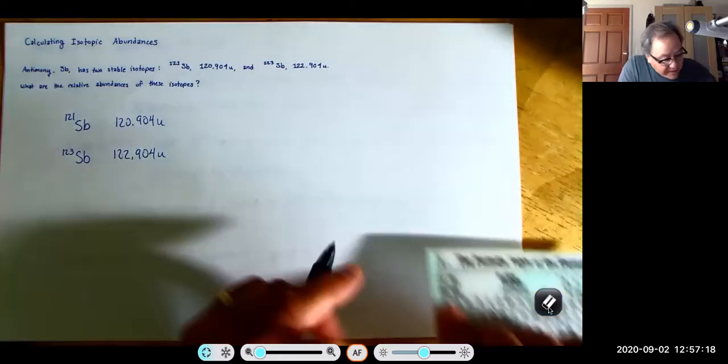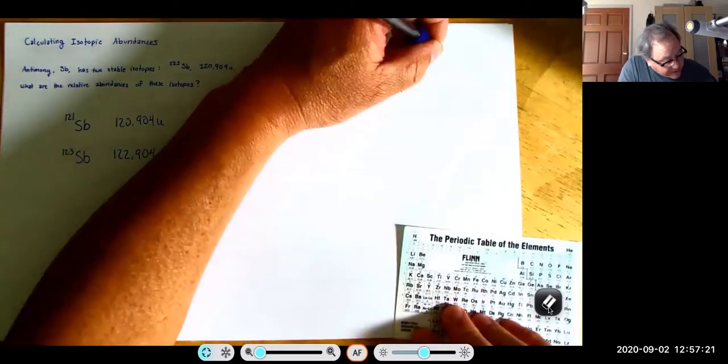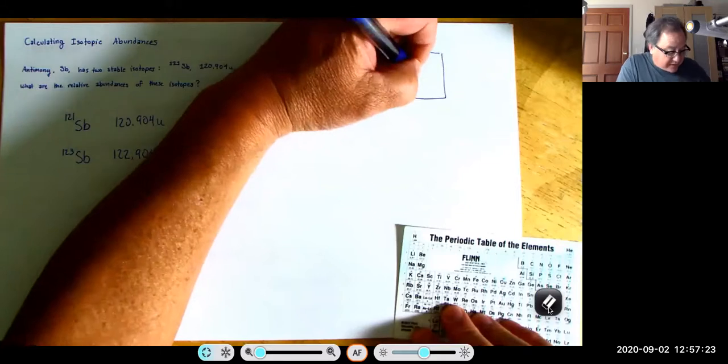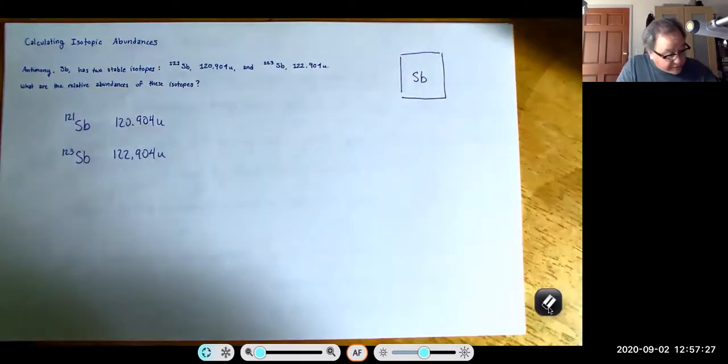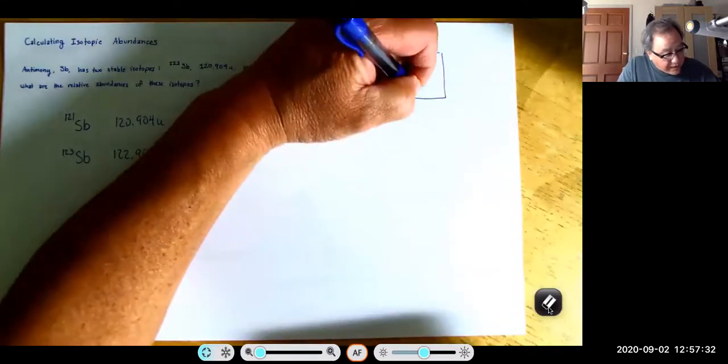Well, when I look up antimony on my periodic table, I find that the number at top is 51, and the number at bottom is 121.8.